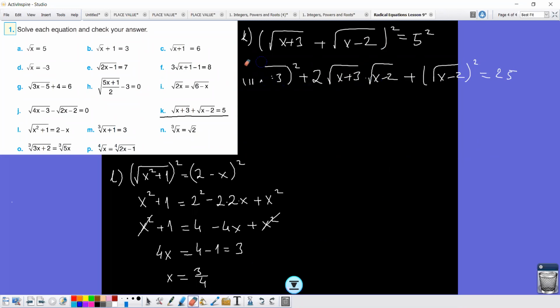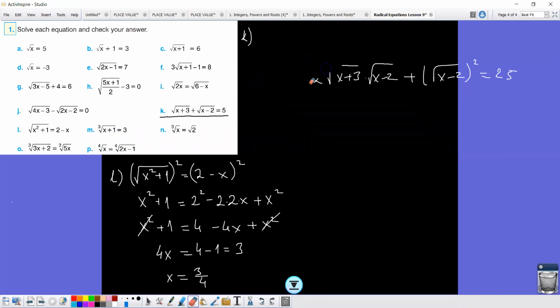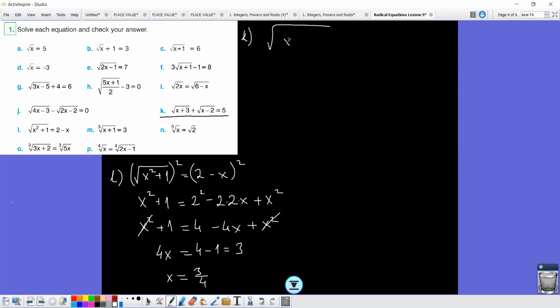My opinion is, I was waiting from you that one, to take one of the radical expressions to the other side, to have one radical expression in each side. So our question will be root of x plus 3 is equal to 5 minus root of x minus 2.